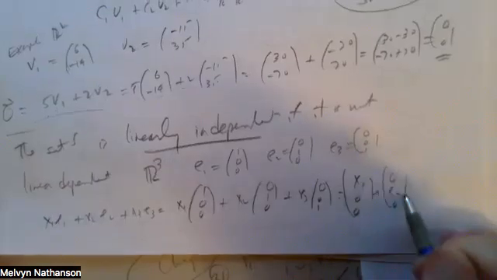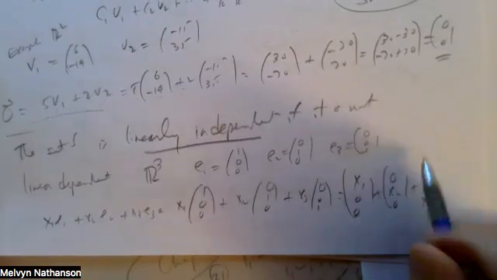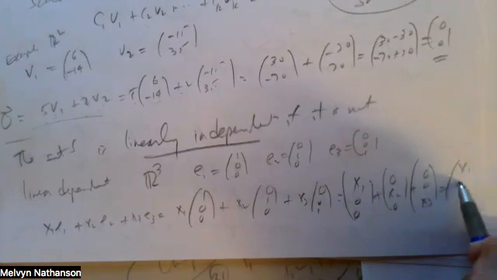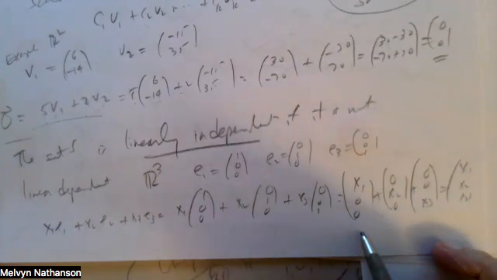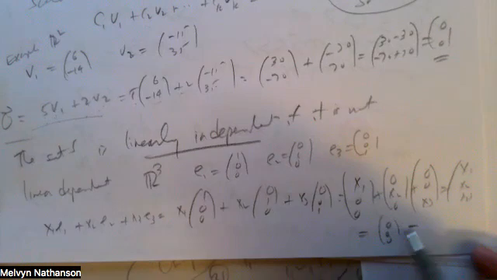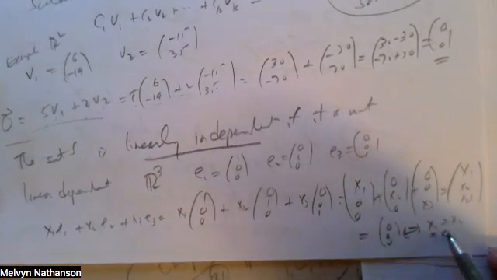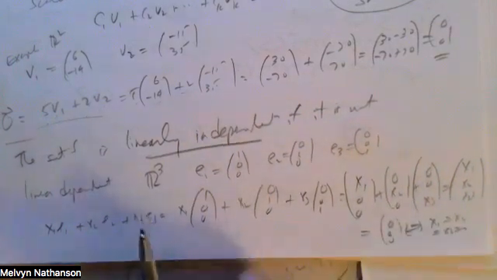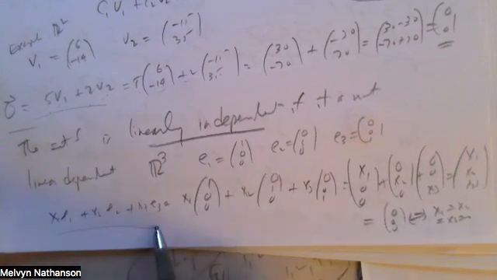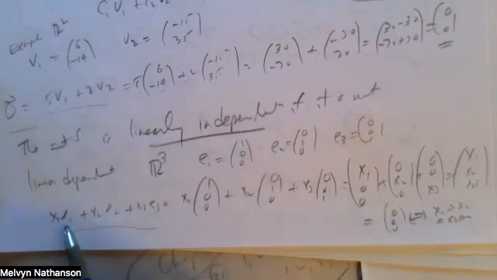That's (x1, 0, 0) plus (0, x2, 0) plus (0, 0, x3). That's the vector (x1, x2, x3). And that's equal to the zero vector if and only if x1, x2, x3 are all 0. So the only linear combination of these vectors that produces the zero vector is the one with all scalars equal to 0, and that means these three vectors are linearly independent.